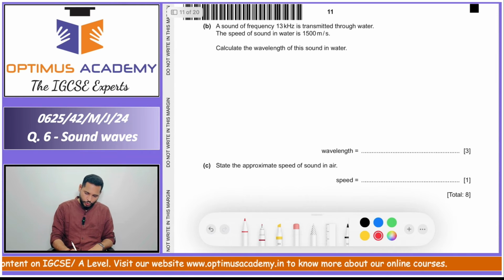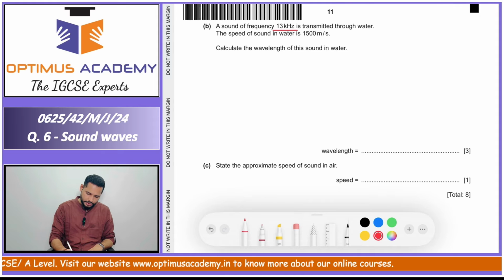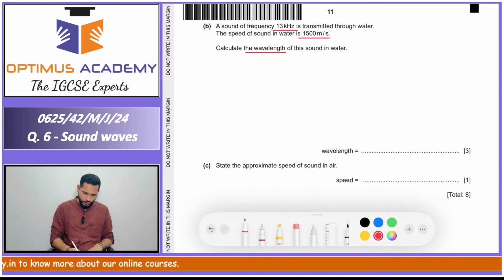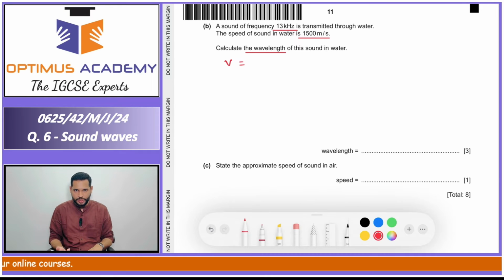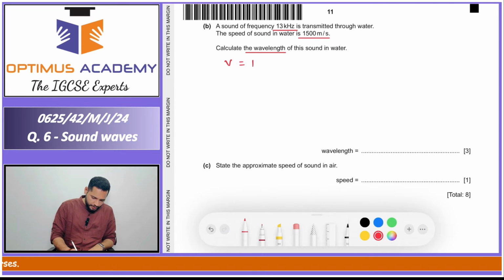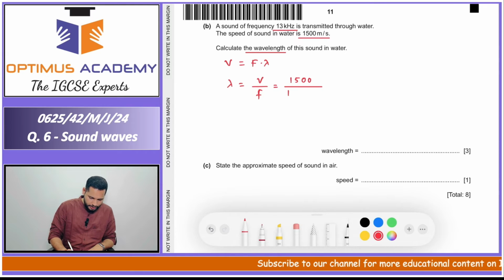Next part, a sound of frequency 13 kilohertz is transmitted through the water. The speed of the sound is 1500 meter per second. Calculate the wavelength of this sound in the water. We know the formula that links velocity, frequency and wavelength together, that is v equals f lambda. So lambda will be equal to v upon f, that is 1500 divided by 13 kilohertz.